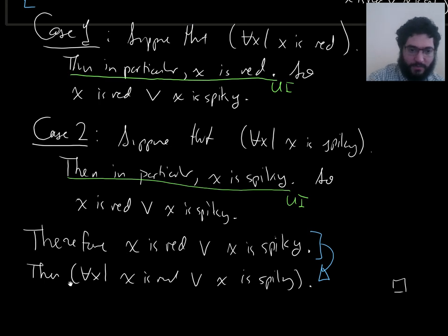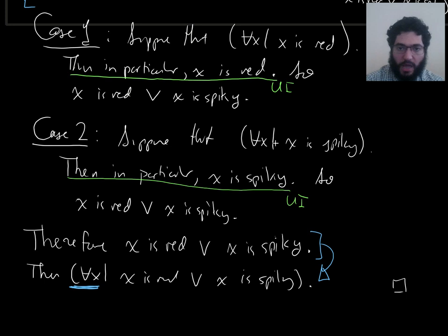So what it did is it created this quantifier. It took a proposition that didn't have a quantifier on it and it tacked it on. That's generalization. Tacking on a universal quantifier, saying, oh, I know this about arbitrary X, so then I know it about all X. So UG has the effect of adding on a universal quantifier.